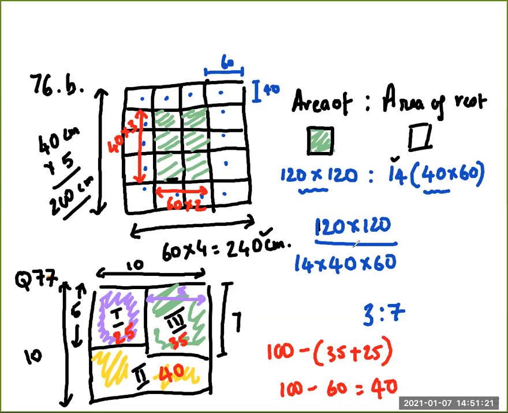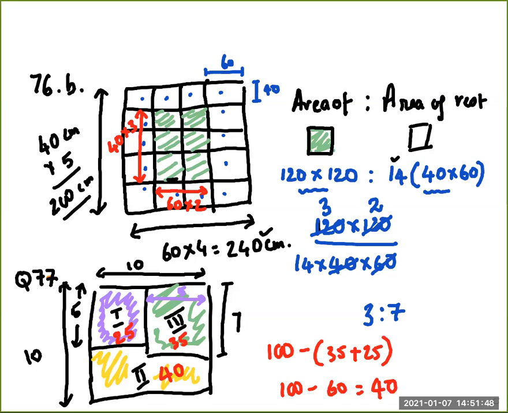Now the benefit of keeping them as multiples comes out. Why? Because 60 divides 120 into 2, right? So 60 times 2 is 120. Straight away I got an answer. 40 is 3 times 120 divided by 40, that is 3.